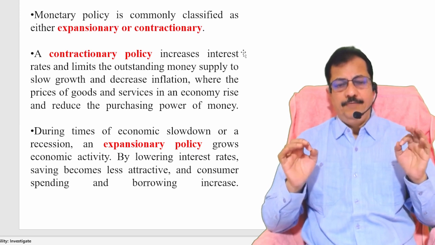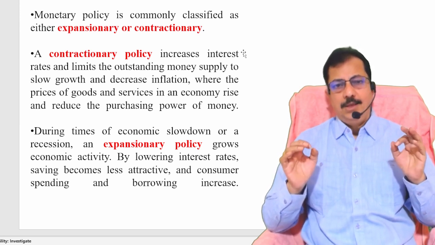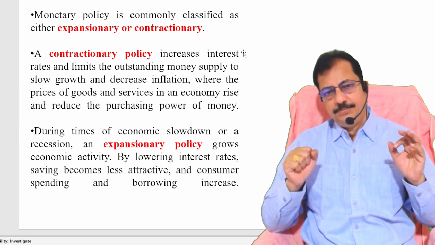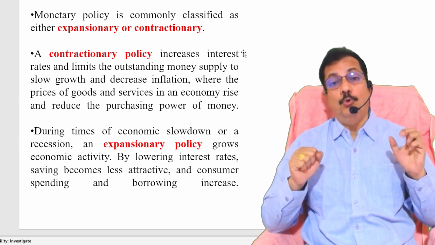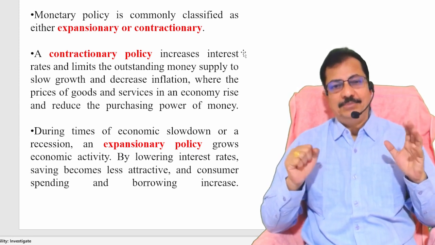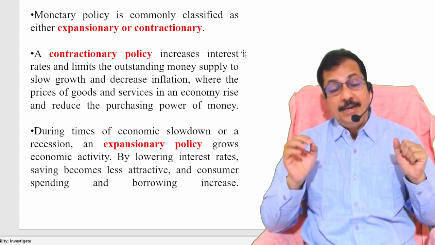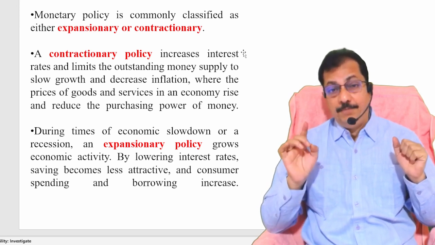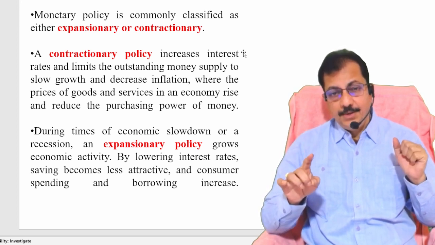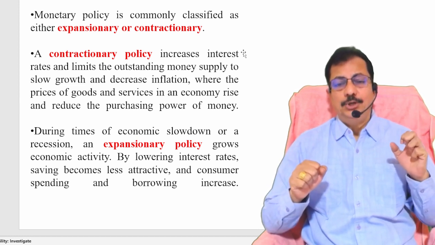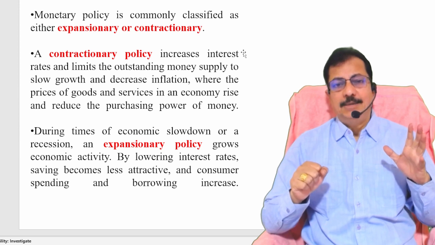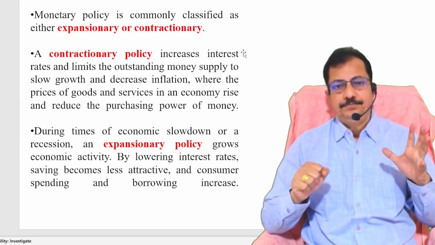Alright? If RBI will go for the contractionary policy, contraction means it is closing its fist. Is that okay? Expansionary means it is opening its fist. When I am saying it is closing its fist, it is tightening the supply of money into the market. When I am saying expansionary, RBI is loosening the supply of money into the market.